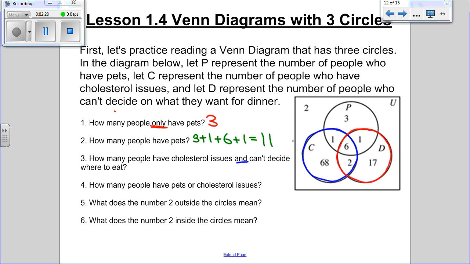And because you're looking for and, you're looking for where they would intersect each other. So you're looking for this region right here. How many people have cholesterol issues and can't figure what they want for dinner? 8. It'd be 6 plus 8 people have a cholesterol issue and can't decide what to eat.